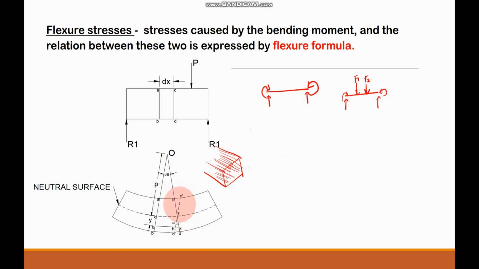So, trying to draw a line that is parallel to AB. So, ito na yung C prime, D prime. Mapapansin natin that AC is being shortened by an amount of CC prime. So, nagkakaroon na ng compression. And then, yung BD natin has an additional increase of D prime D, which is now in tension.